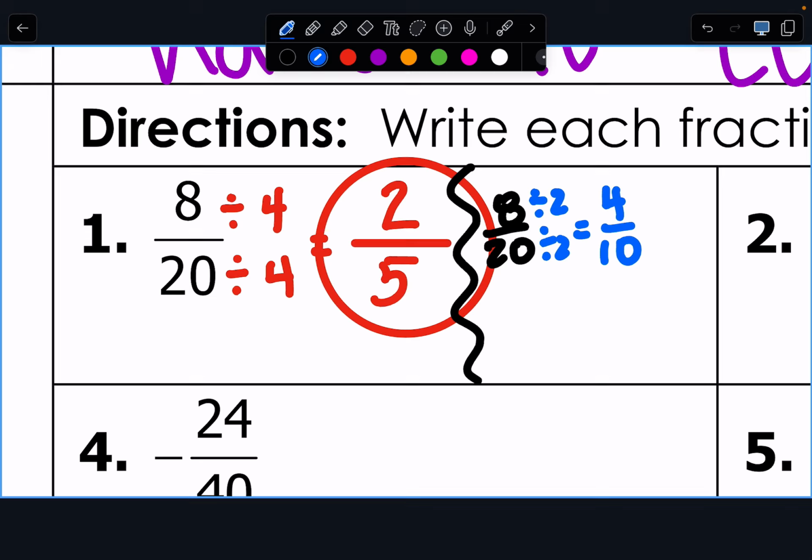So we need to always be looking at our answer to make sure we got it all the way simplified. Because if I divide by 2 and I get 4 over 10, is that as simple as it can go? No, because 4 and 10 are both even numbers. We can divide those by 2 to get to 2/5. Okay.